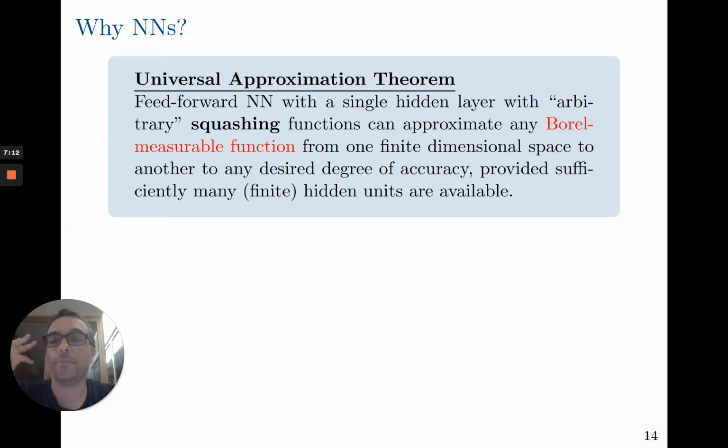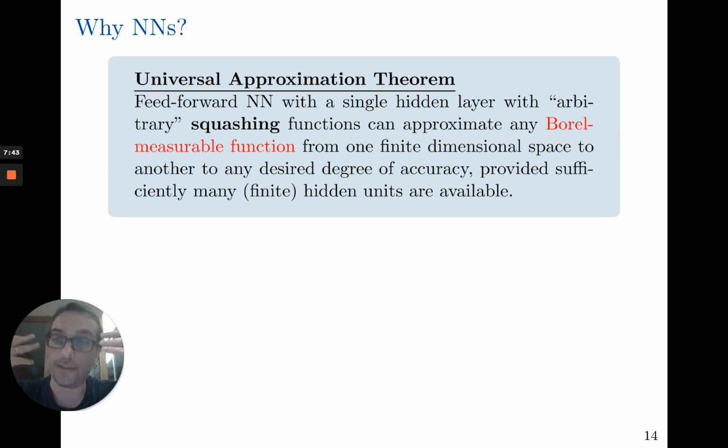Basically, because of that theorem, the universal approximation theorem, I mentioned that theorem when we were talking about sieves: a feed-forward neural network with a single hidden layer with arbitrary squashing functions, so linear combinations of these squashing functions, can approximate any Borel measurable function from one finite dimension space to another to any desired degree of accuracy, provided sufficiently many hidden units are available.